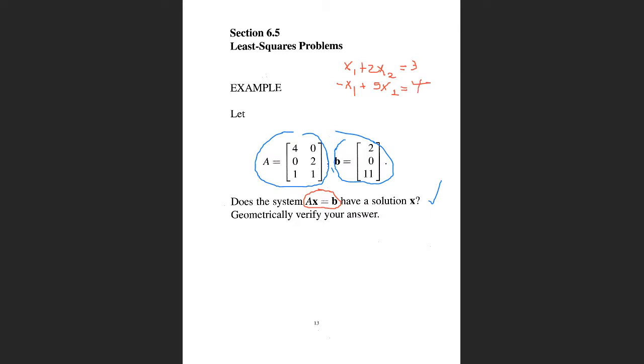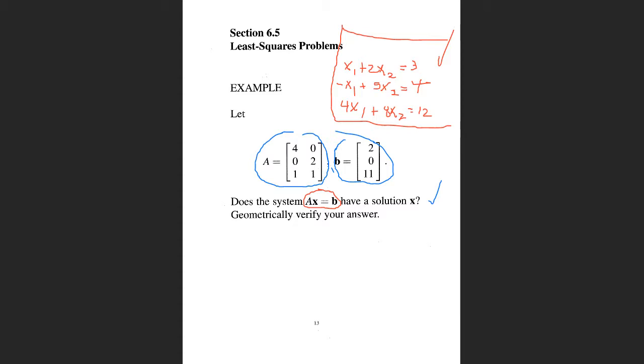And then let's say you had 4x1 plus 8x2 equals 12. Now this is separate from what we're doing here. Here's a system of 3 equations with 2 unknown variables, x1 and x2. Does that system have a solution?